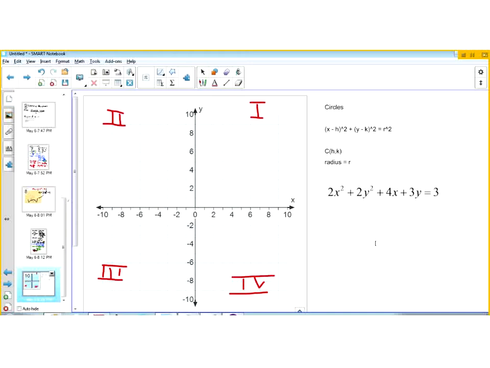If I give you this equation, you should be able to recognize that this is the equation of a circle, identify the radius as well as the center, and then sketch it in the XY plane.